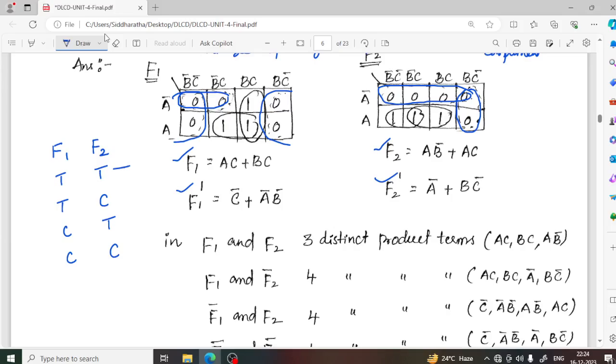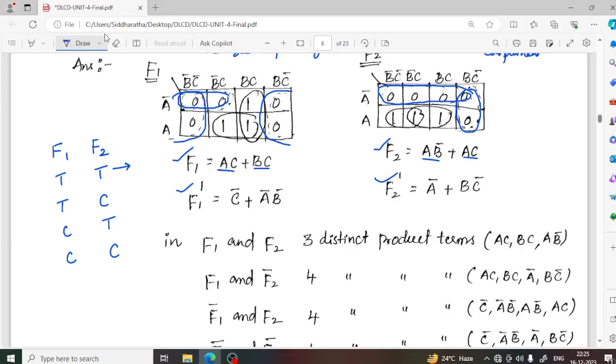In every choice, how many distinct product terms are there? For example, take F1 and F2 both in true form. Here how many product terms are there? AC and BC, then AB bar and AC. So in total, 4 products we have.